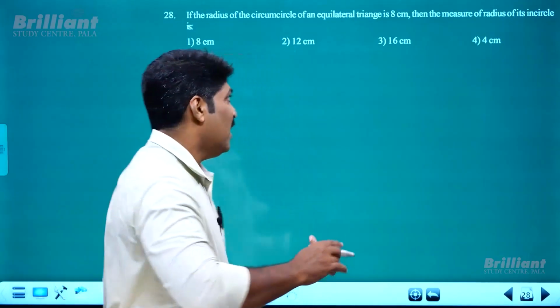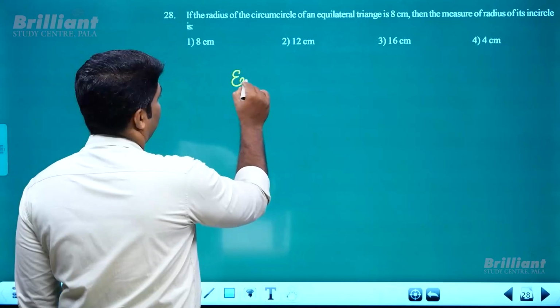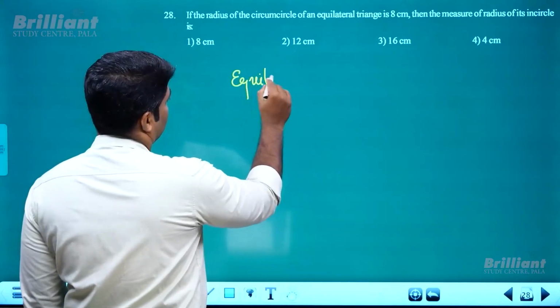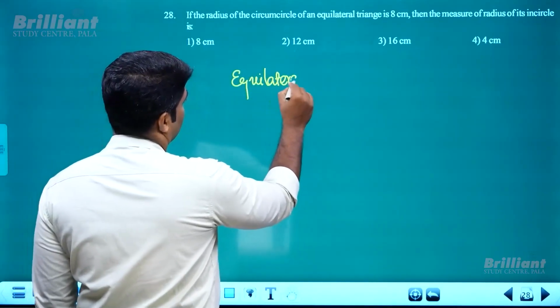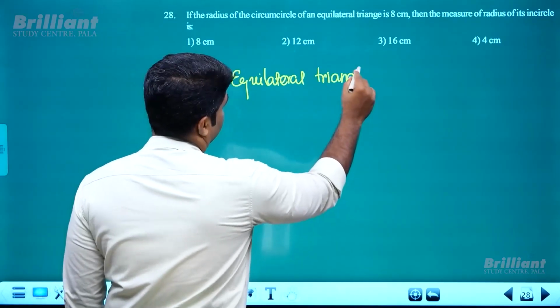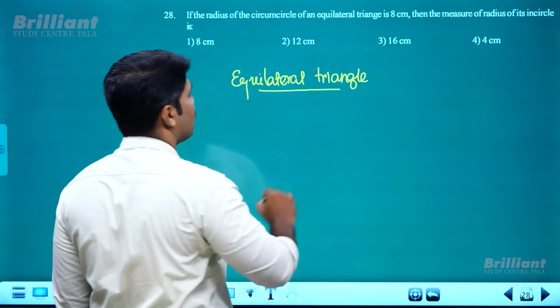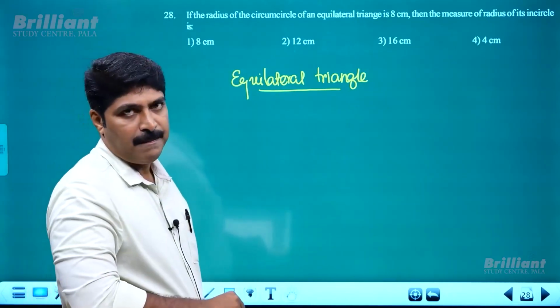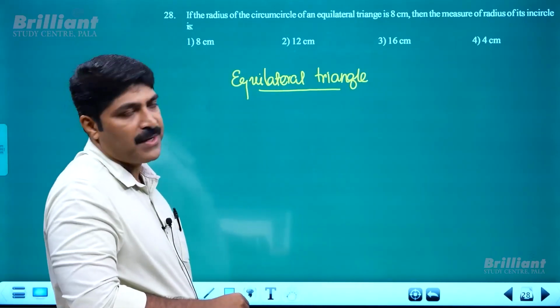How is it? If it is the case of an equilateral triangle, I'm not going to explain the proof of this result, as I am directly giving the result here.